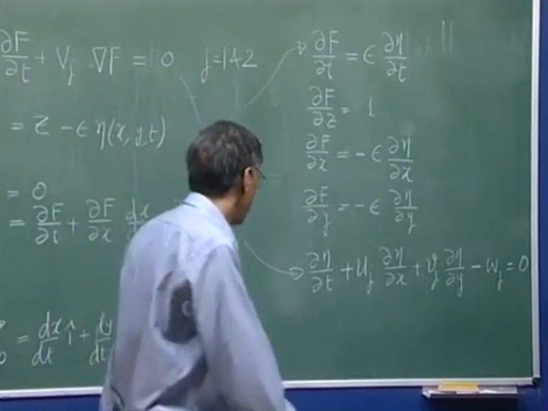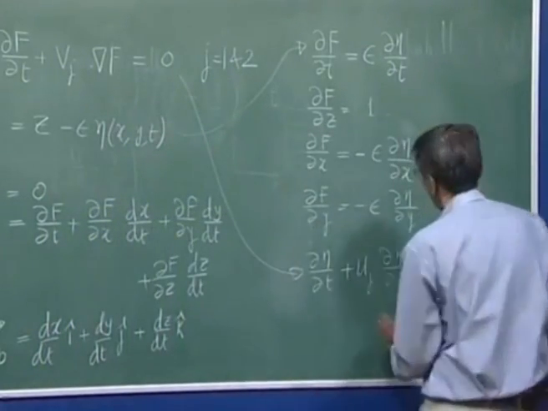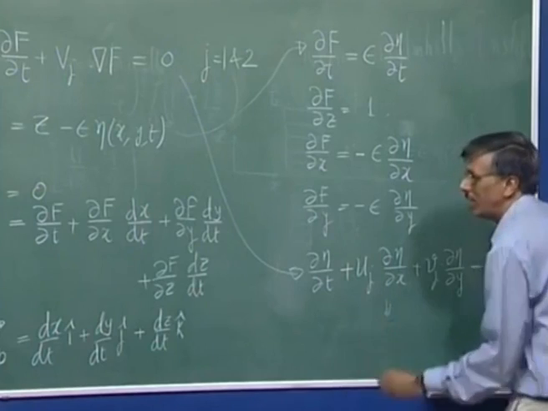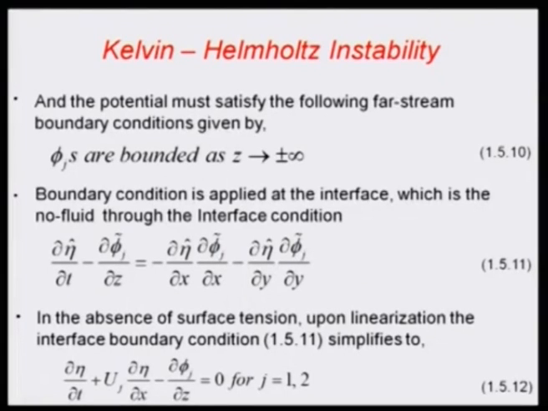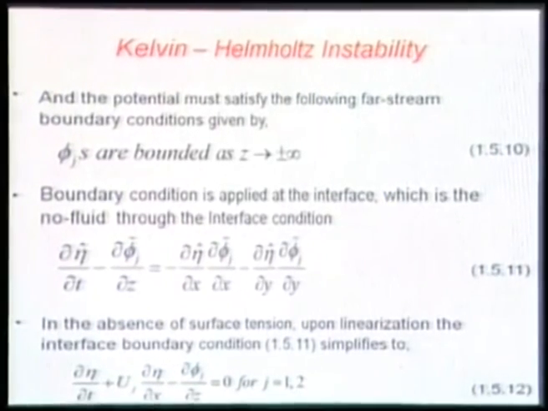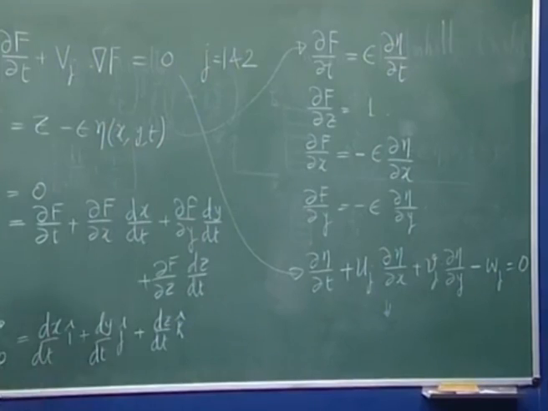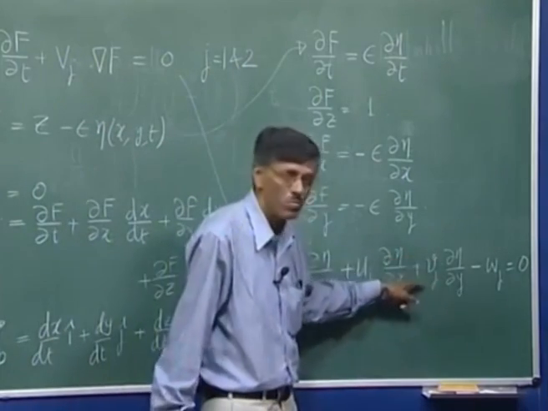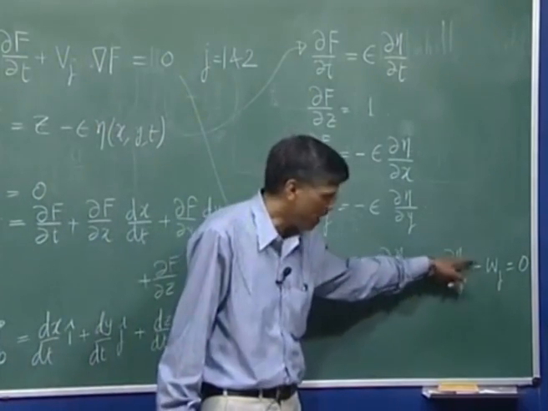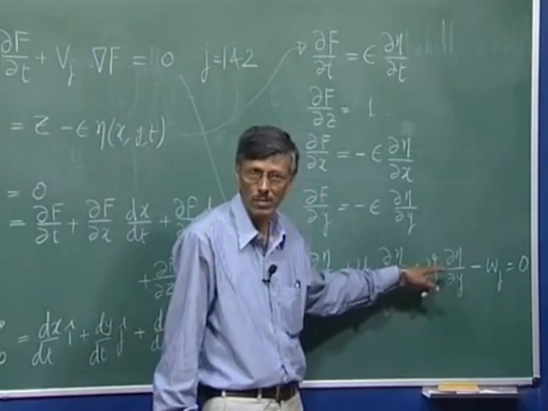So, this can be simplified as what we have written there. This is a small quantity multiplied by another small quantity.